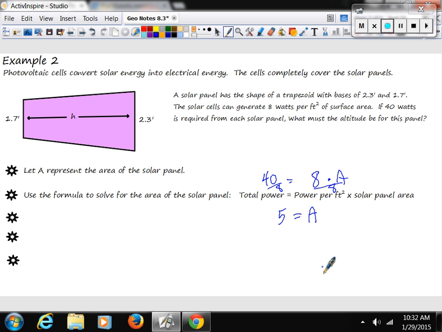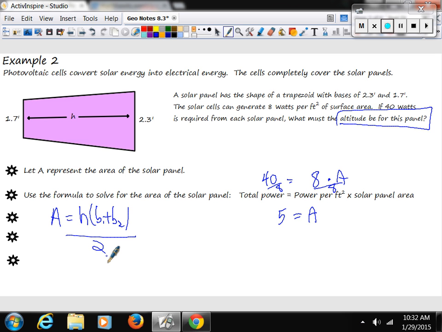Is that what it's asking me? Am I done? What's it asking me for? The altitude. So I know what the A equals. If I look at my formula for area, I have H times B1 plus B2 divided by 2. I know the A, that's 5.